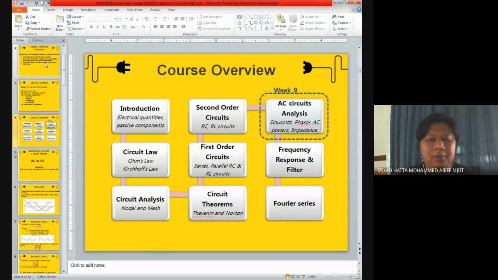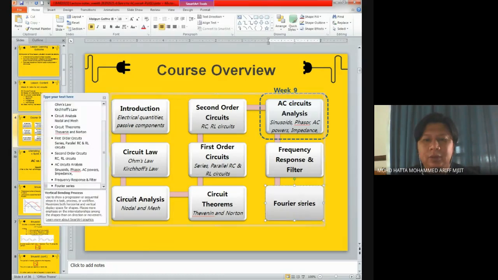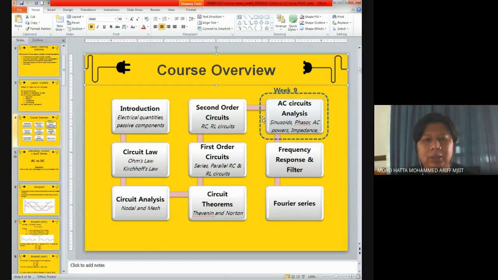Previously, these two topics, frequency response and filter, were taught in this course. Since we did a modification workshop to improve our course, we decided these two topics are removed from this course.